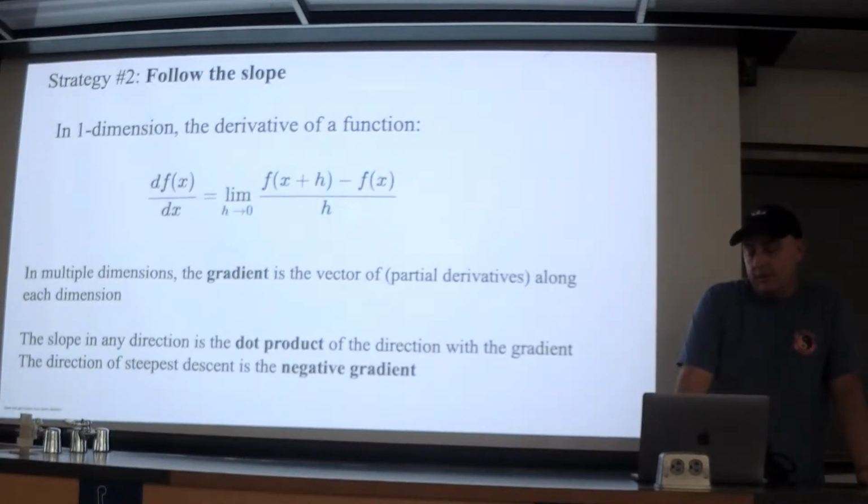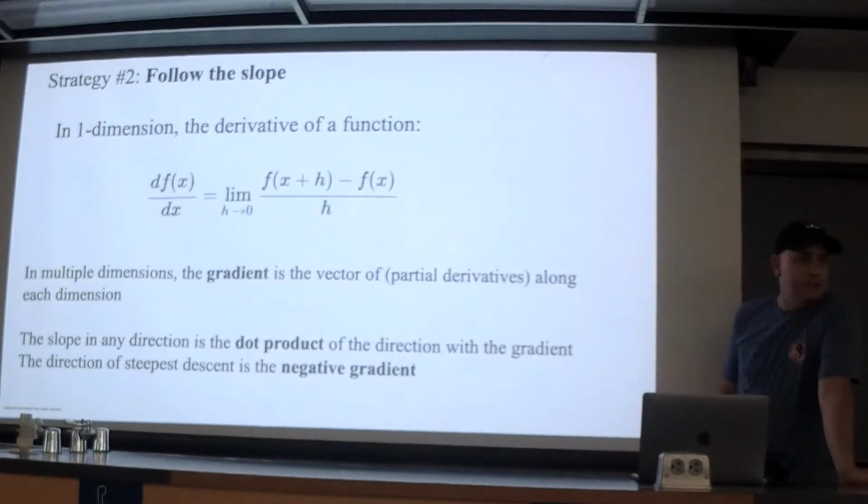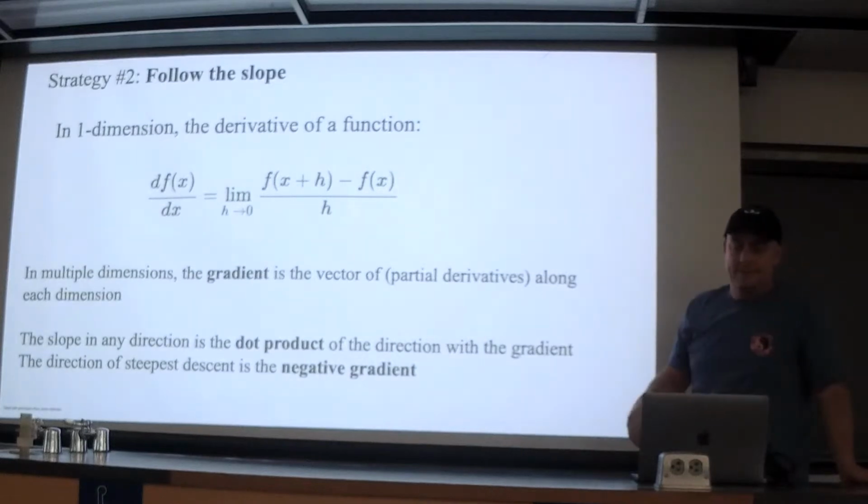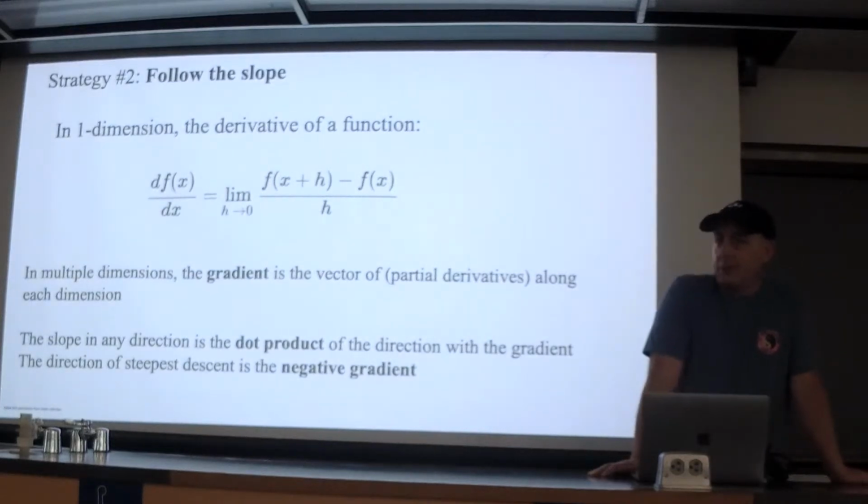And in one dimension, what is the derivative telling you? The change. It's telling you something about the change. It's the rate of change. But interpret that geometrically. The slope. Slope of what? Slope of a line.